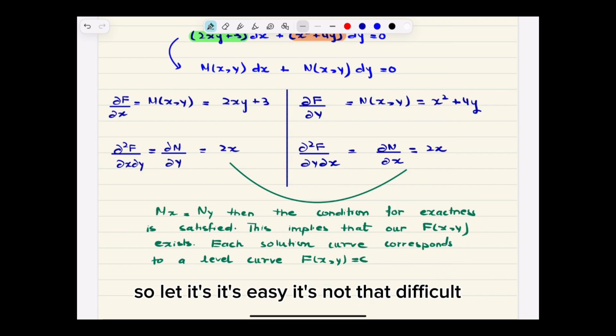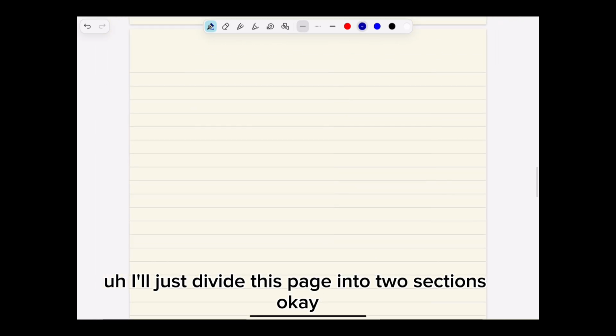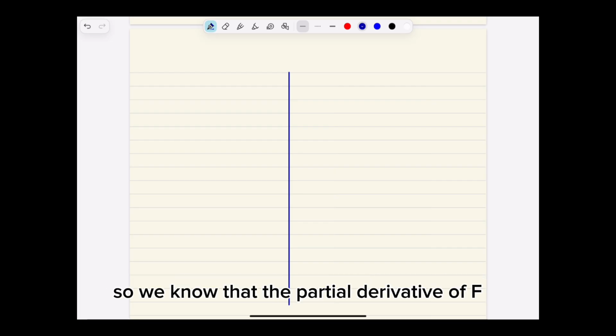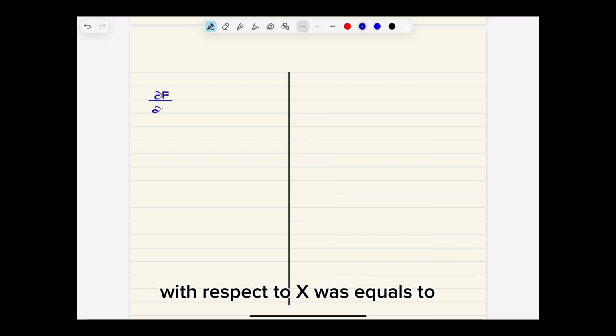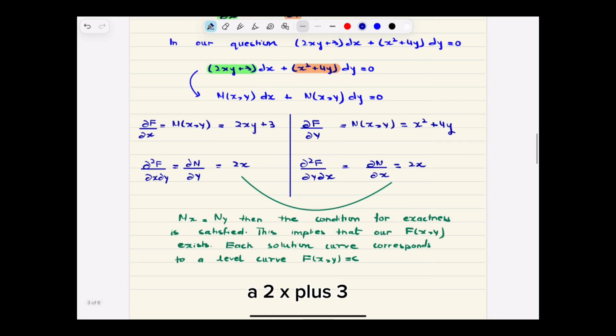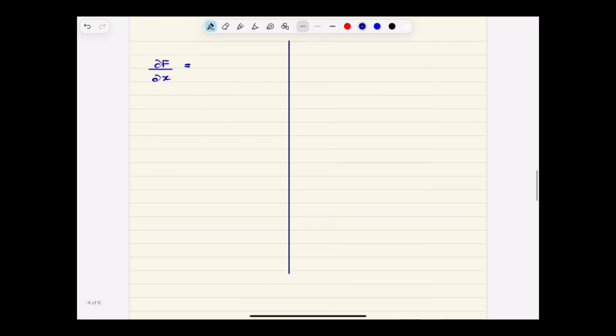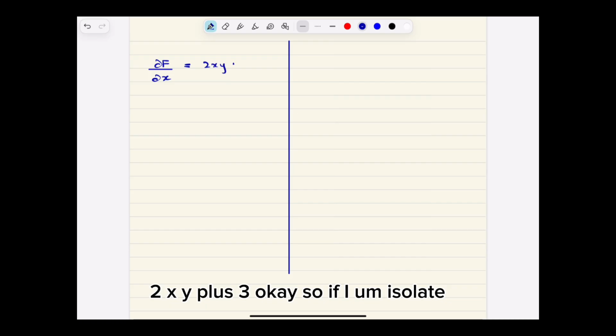So it's easy, it's not that difficult. I'll just divide this page into two sections. Okay, so we know that the partial derivative of f with respect to x was equal to 2xy plus 3.